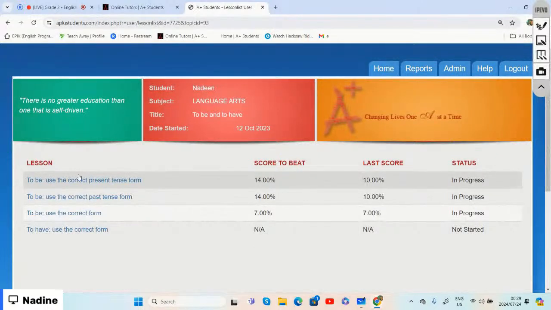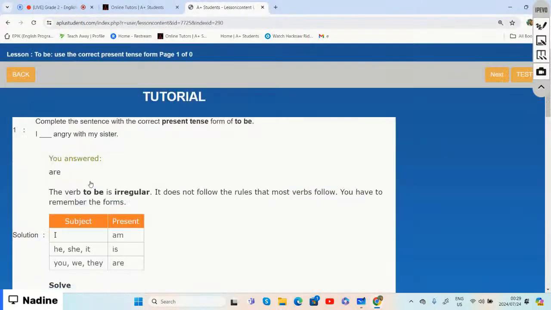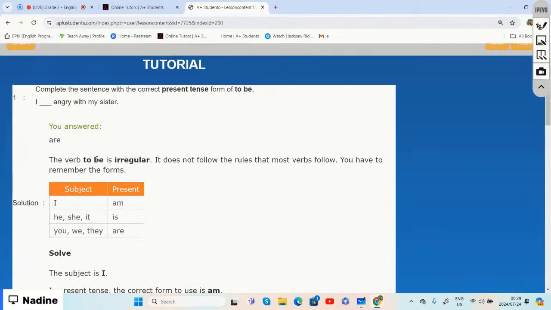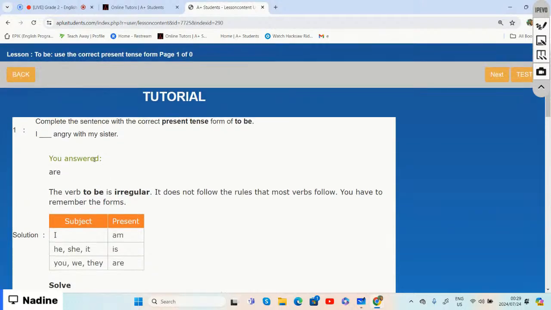And to be and to use the correct present tense form. And remember, we said that when it comes here to the to be and the irregular present tense, we need to use the correct present tense with the correct verb.